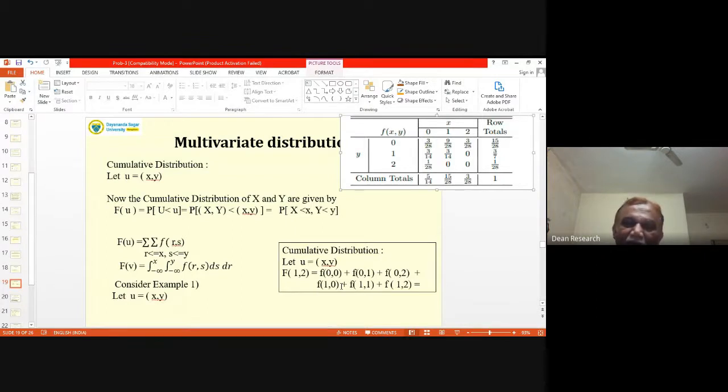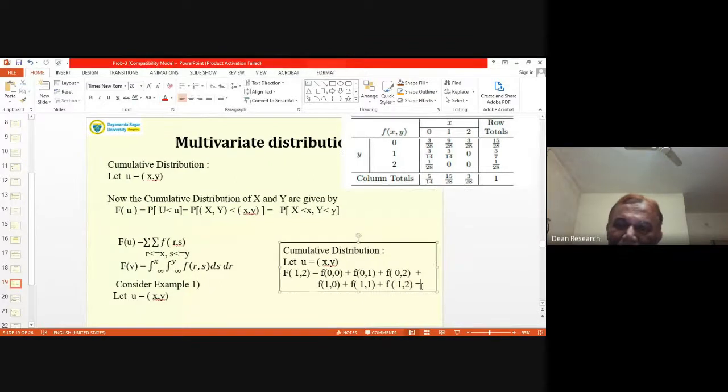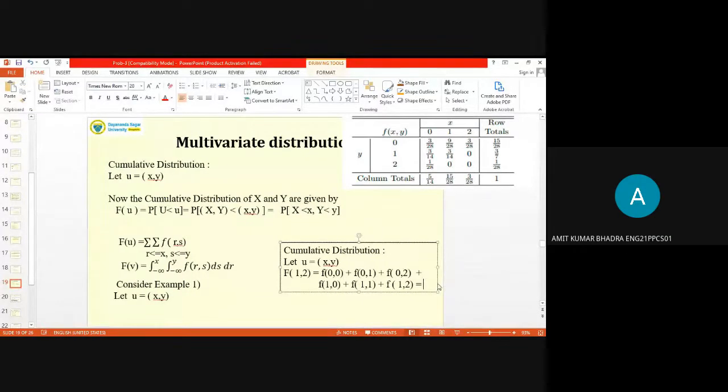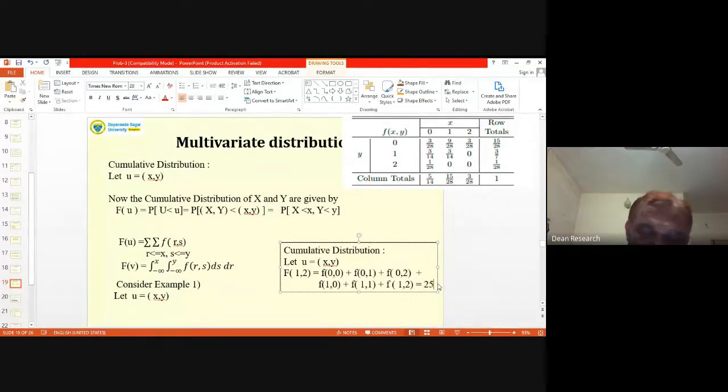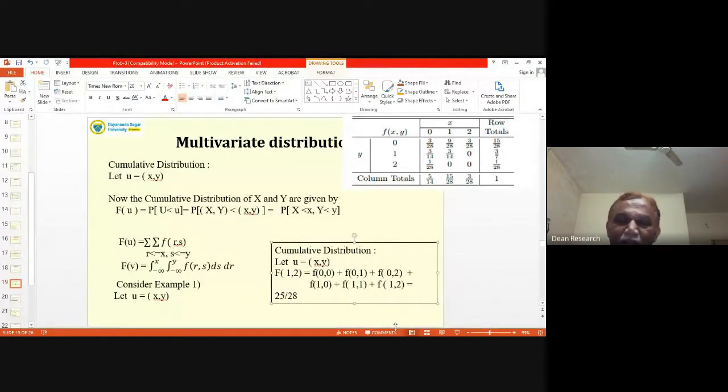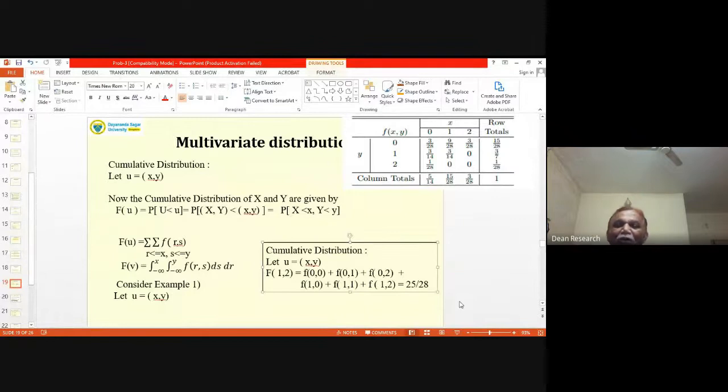What is the value that you are getting? Tell me. Sir, it is 25 by 28. 25 by 28. Yeah, maximum value could be only how much? 1, right? It can't be more than that. If I consider f of 2, 2, what should we get?